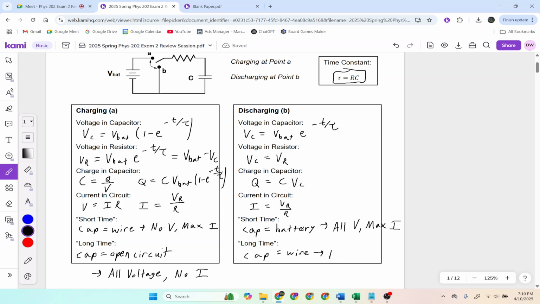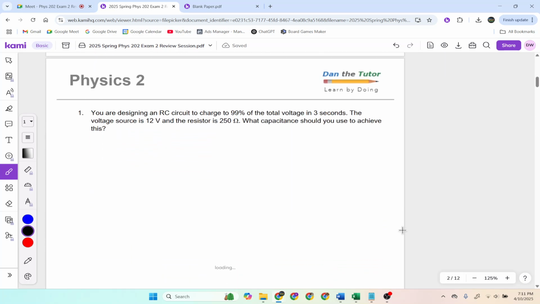And this one's interesting because there's no voltage and there's no current. As far as we're concerned, it's a dead circuit. Nothing's going on. Any questions on any of that? Okay. Then we're going to move on to first problem of the night.